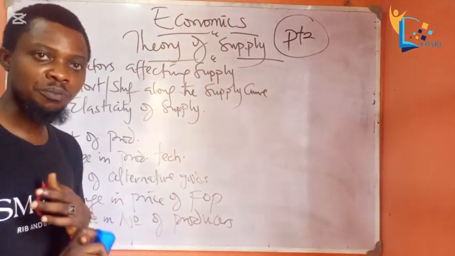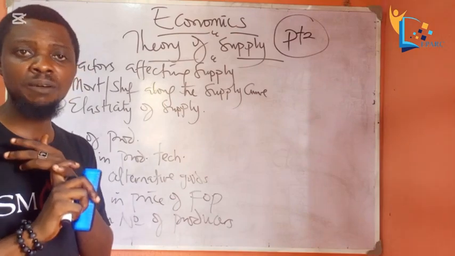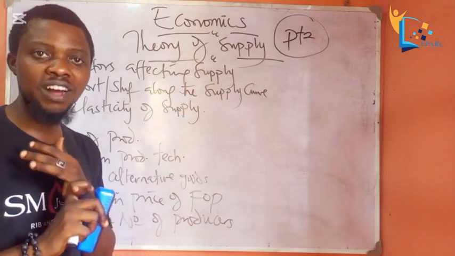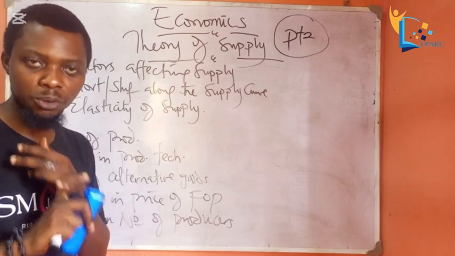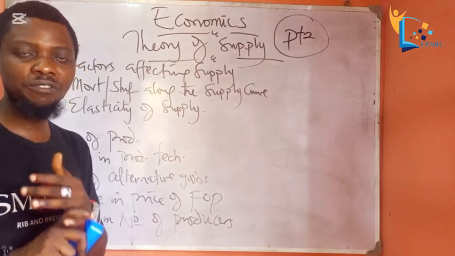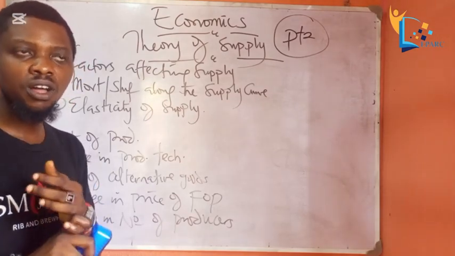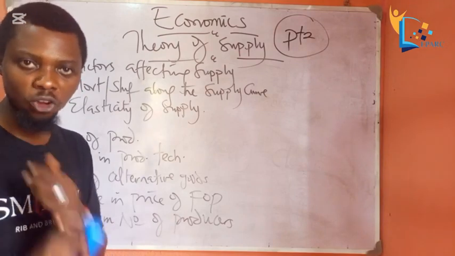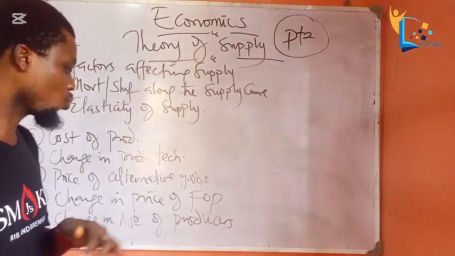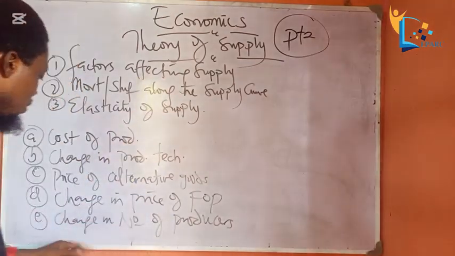Factors of production are very important. If there are not enough factors of production, substantial production will not take place. They are the fundamental requirements for production, so that is very important when it has to do with supply.